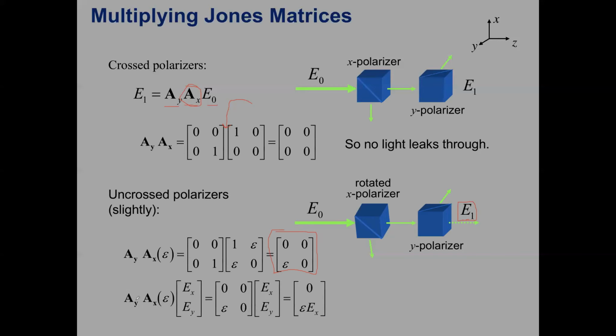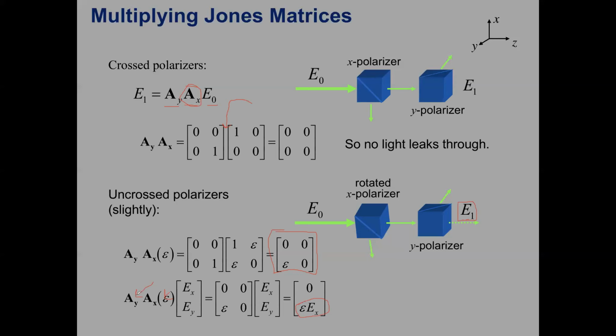If we multiply these matrices through, the rotated first polarizer and the non-rotated Y polarizer, the overall matrix is this, with the small rotation angle in the lower left. Multiply this through by our initial arbitrary X and Y polarization components of our initial light beam, and we see we do get some polarization out.